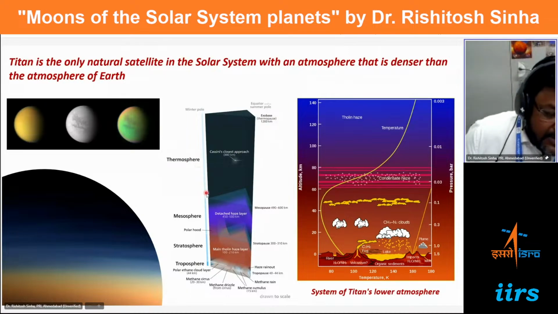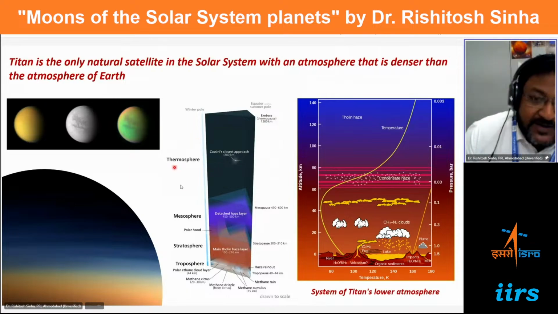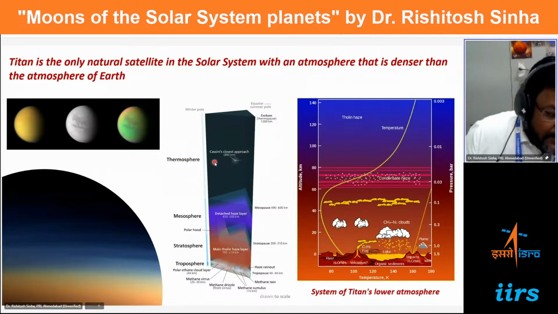This was concluded when Cassini made a closest approach and measured a large amount of heavy ions and particles. That gave us a clue that some particle production phenomena are happening in the thermosphere of Titan.